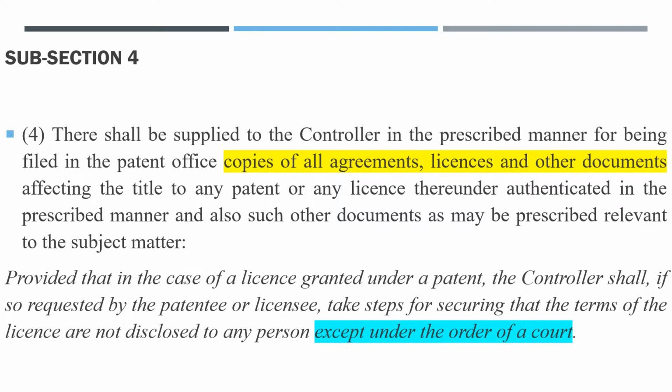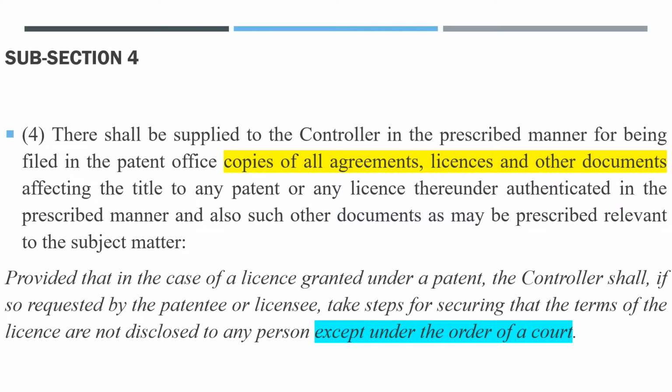So the key phrase here is copies of all agreements, licenses and other documents. So we can say as a whole, the simple meaning of subsection 4 is the controller shall be supplied with all the copies of agreements, licenses, etc. filed in the patent office regarding the title to any patent.